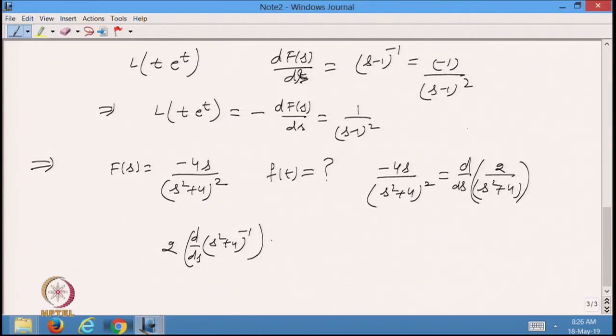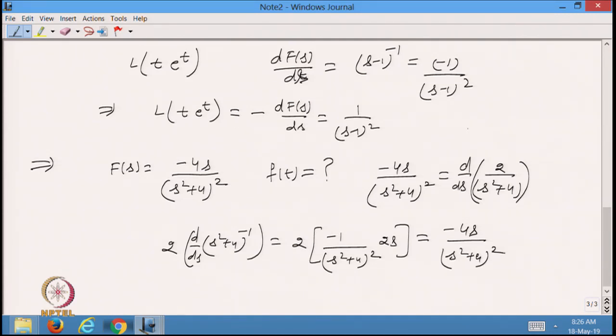So, it will be 2 and then minus 1 by (s square plus 4) whole square into the derivative of this one, into 2s. So, from here I can say that this is equal to minus 4s over (s square plus 4) whole square.